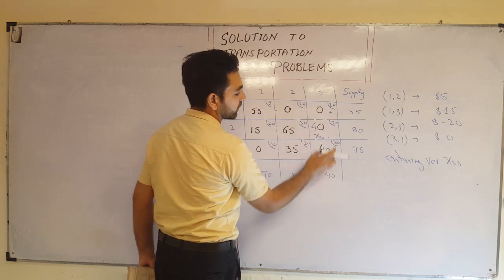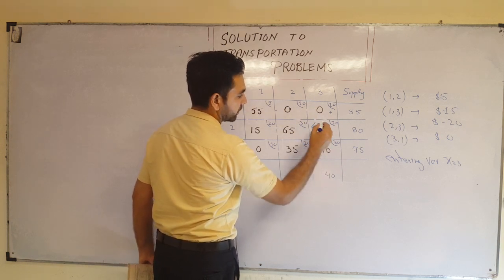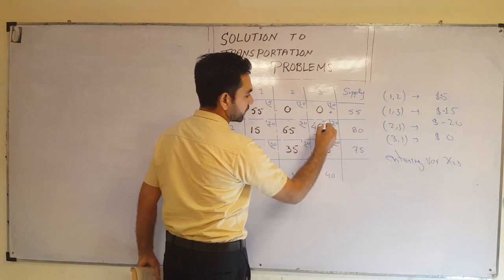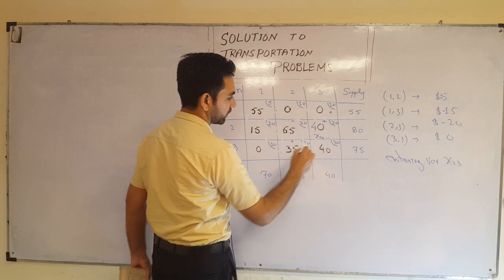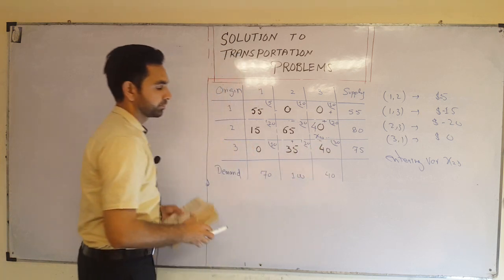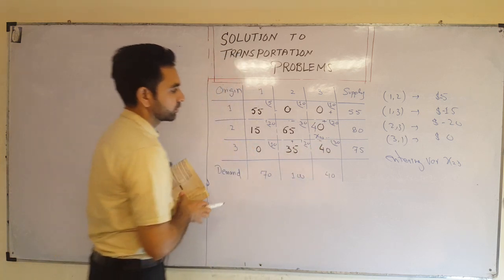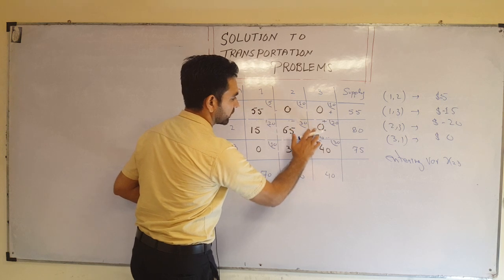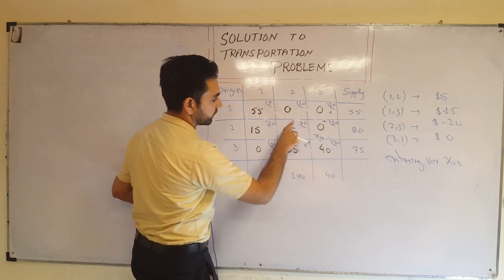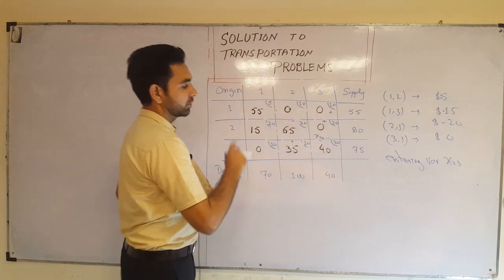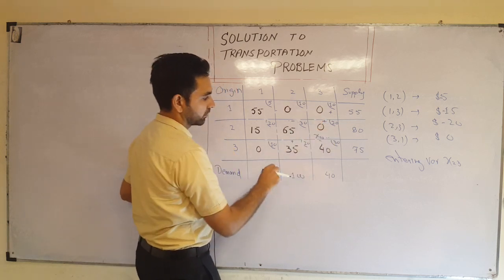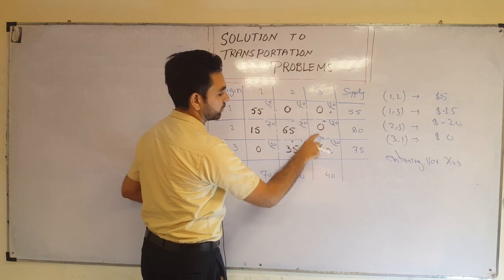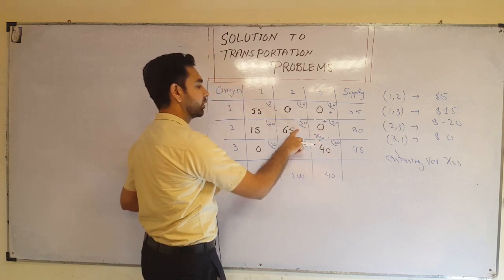Once we added 40 here, that 40 is extra. If you look in the loop, this was positive, this was negative, this was positive, and this was negative, right? This shows that you can add here something that you have to subtract from here or from here.